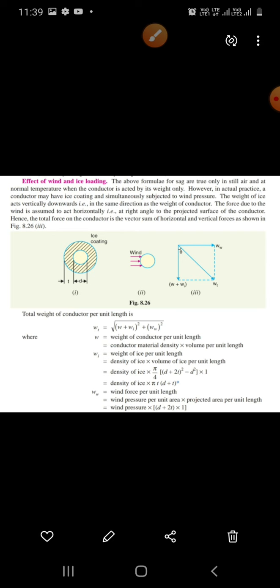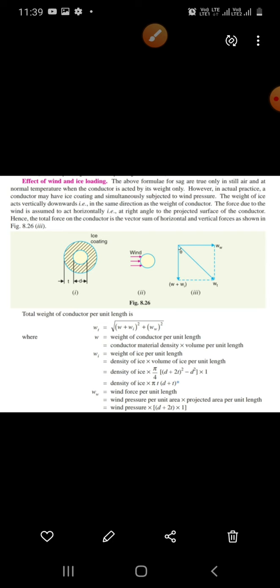But in actual practice, the conductor may have ice coating, in snowfall areas. The weight of ice acts vertically downward, in the same direction as the weight of the conductor.